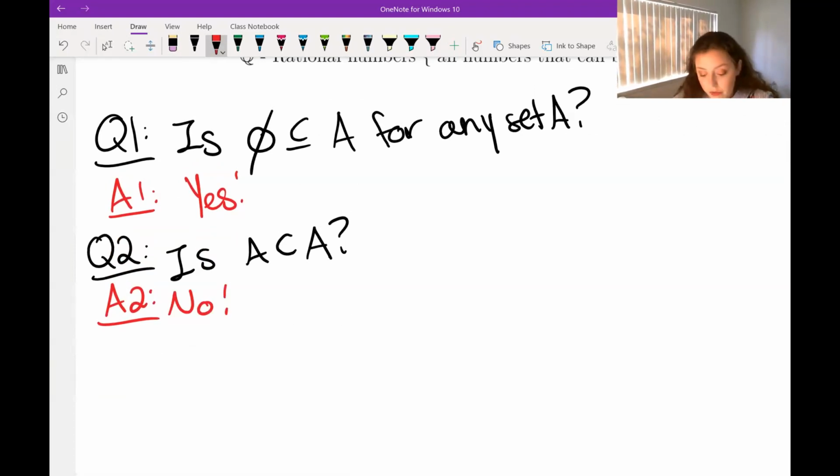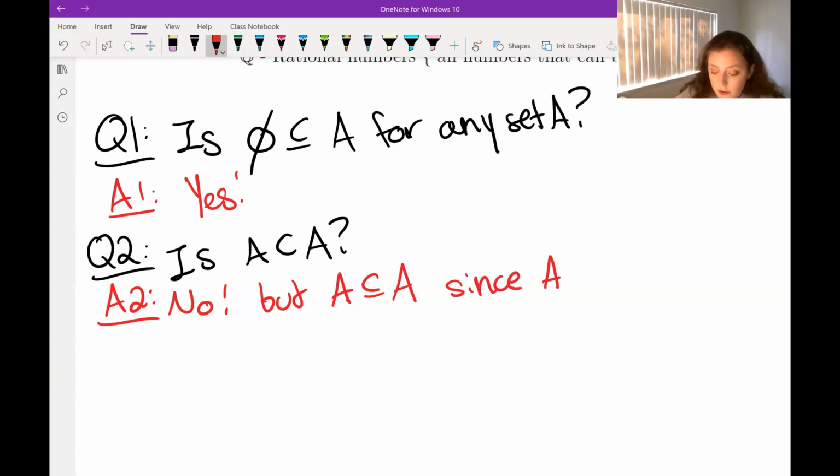You can never find an element in A that's not in A, right? Sometimes just talking it out loud, or writing it down, or thinking through what would need to be true for something to be true, often helps a lot. So no, but A is a subset of A since A equals A. Okay, all right, excellent.